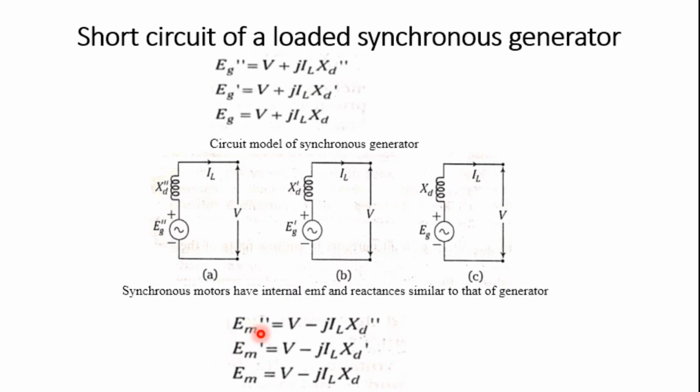Em double dash is equal to V minus j IL into Xd double dash, the transient Em dash is equal to V minus j IL into Xd dash. Similarly, Em is equal to V minus j IL Xd. So there is a small difference between the generator and the synchronous motor.